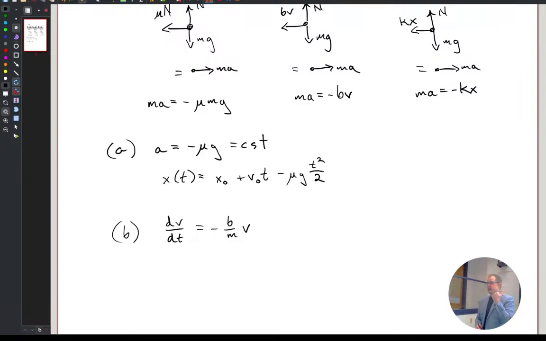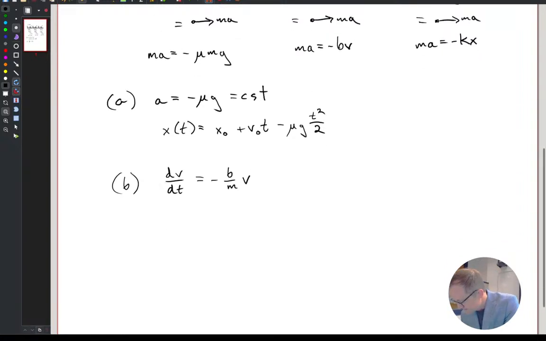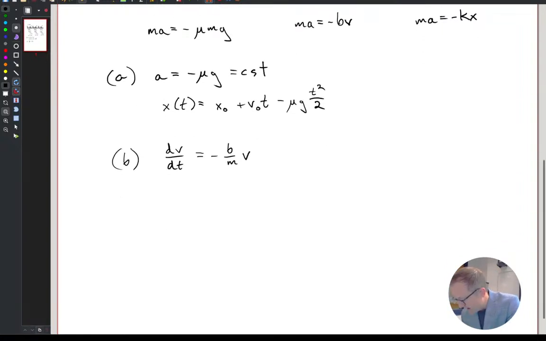In part B, we had to do a little extra legwork because now we're looking at integrating a function that is a function of itself. So dv/dt is negative bv. And what we found was, after integrating twice, we'll do the magic arrow.